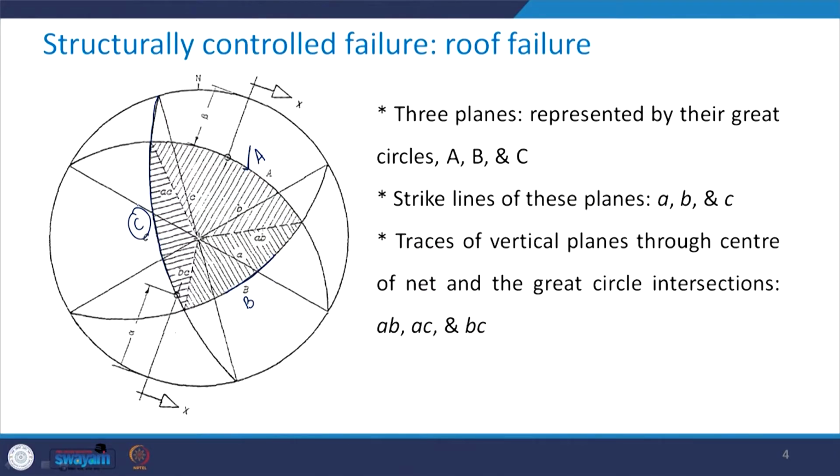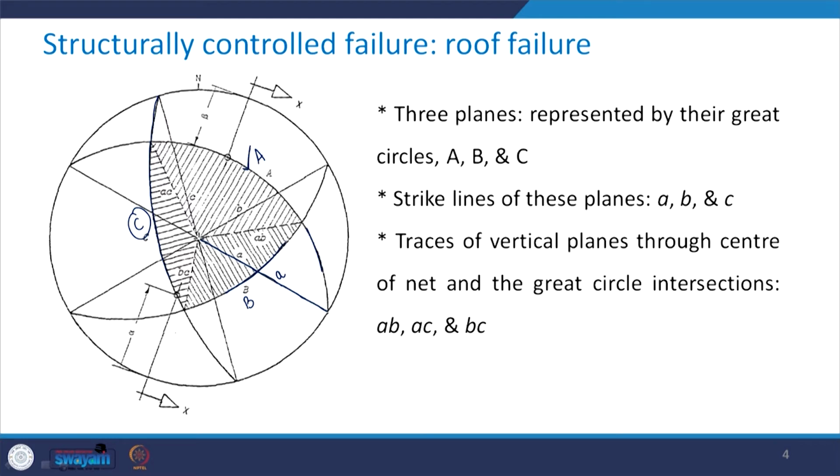Now, strike lines of these planes are being represented by small letters a, b and c respectively. See how? This was the circle A, and you can see that this is the strike line of the plane A, which I am representing by small a.